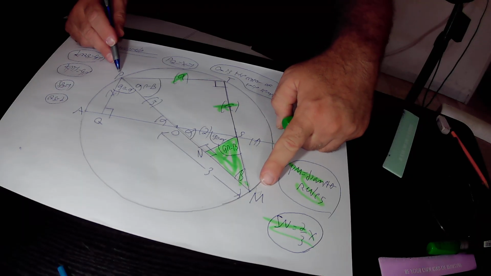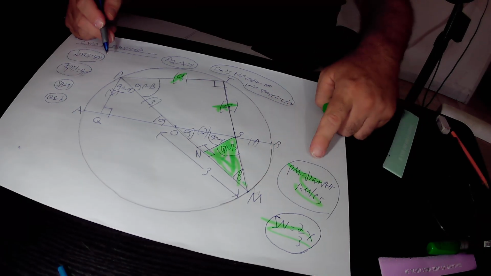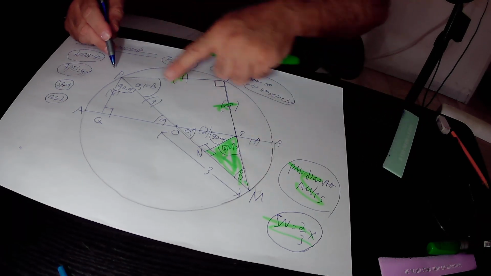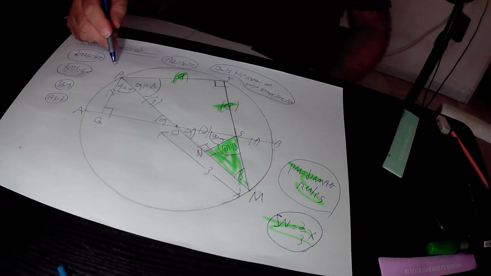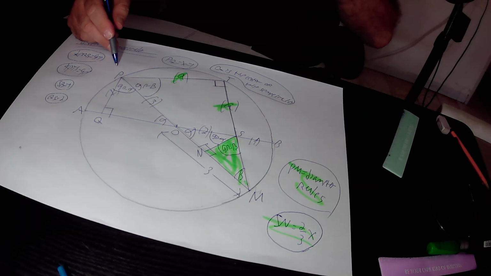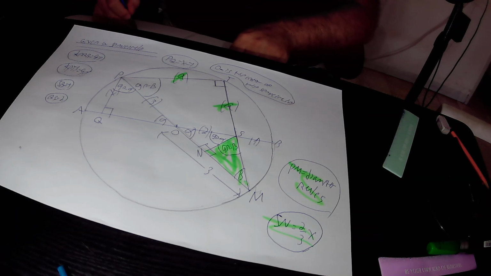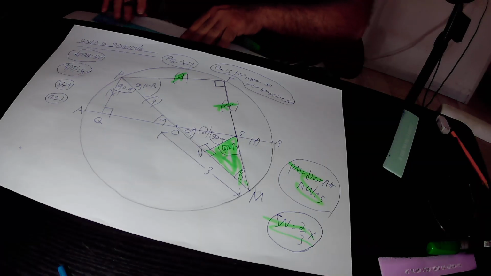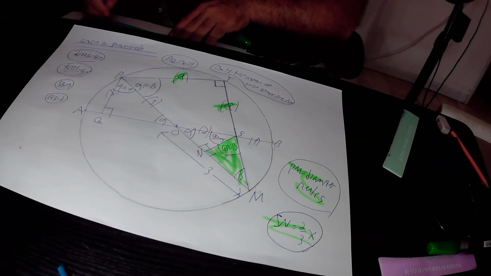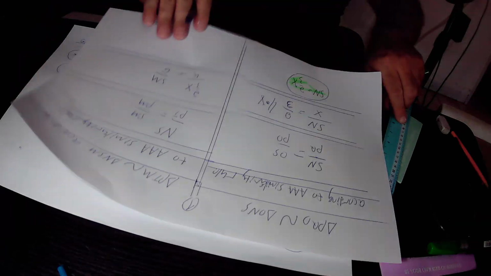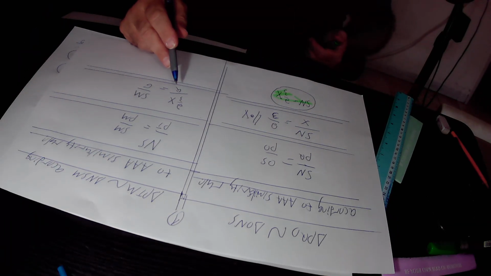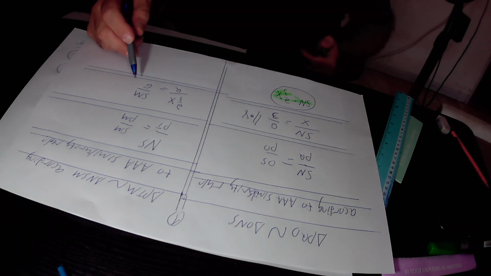PM is the diameter of this semicircle. The radius is 3, therefore the diameter is 6. It's twice as long as the radius. So in total, we found out that 2/3 x over A equals SM over 6.